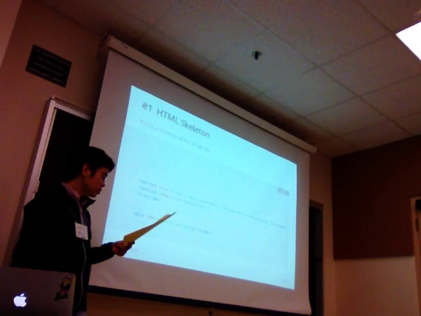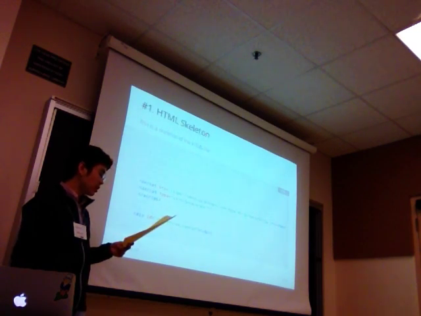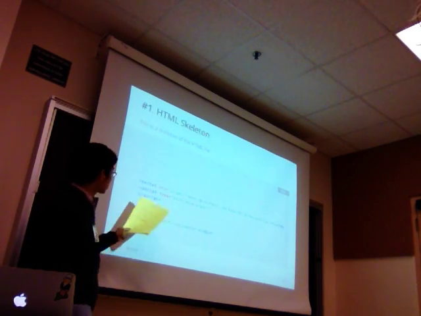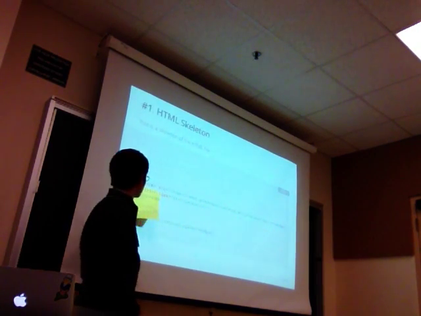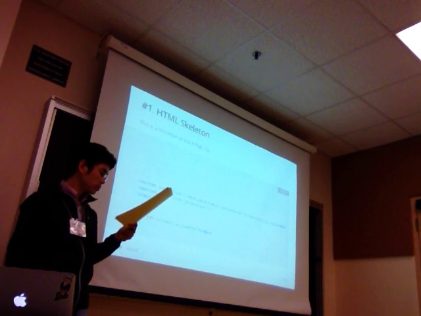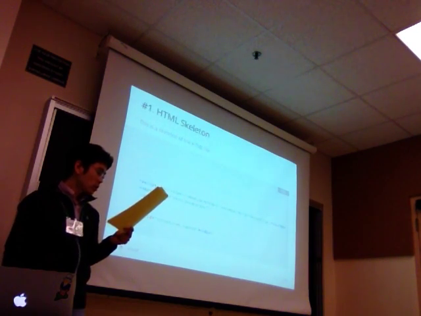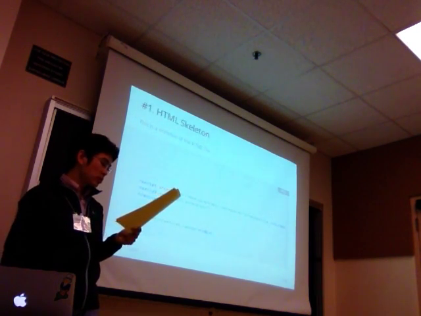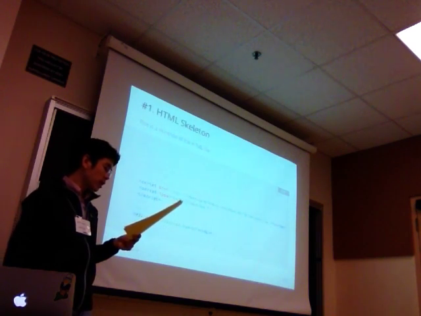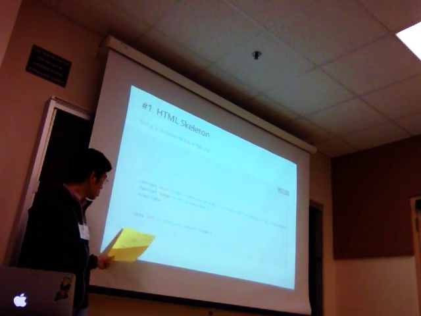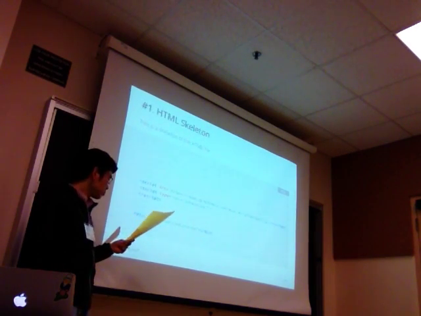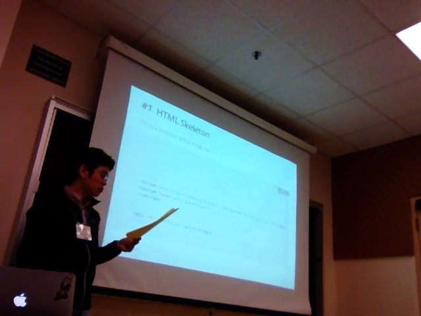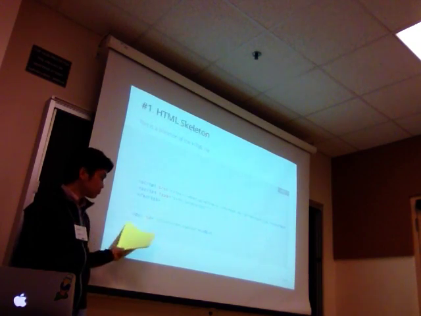One thing is you need to load the Google Maps API library with the script tag here. The second thing is the div tag with the ID attribute named street view canvas here. Street View will display in this div tag.